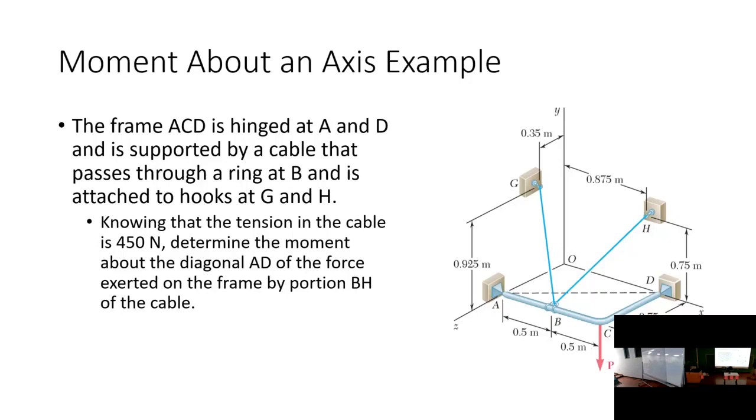Now, the tension in both of these cables, because it's the same rope, is 450 newtons. So I want to determine how much tension, or this moment, is generating about this line. How much is this tension wanting to twist this line? Okay, that's what I want to try and determine. Because maybe what I'm trying to do is design some element to withstand that amount of twisting in that region.